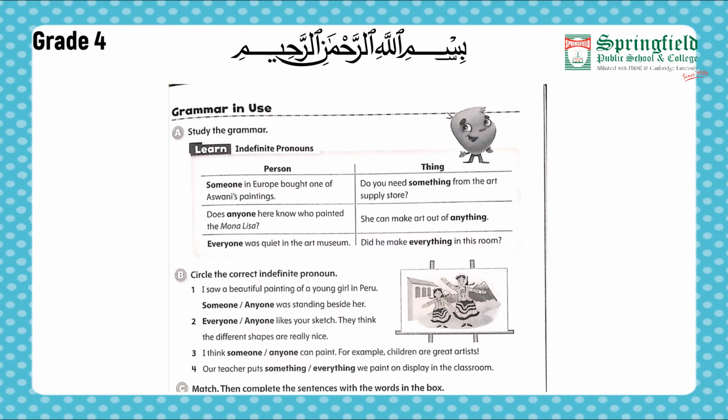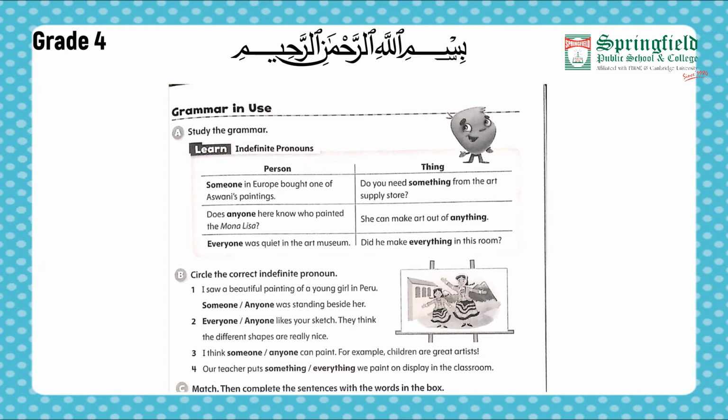Moving forward to our next column, thing. Do you need something from the art supply store? Next statement, she can make art out of anything. Did he make everything in this room?